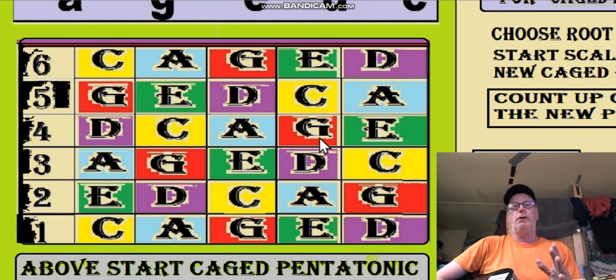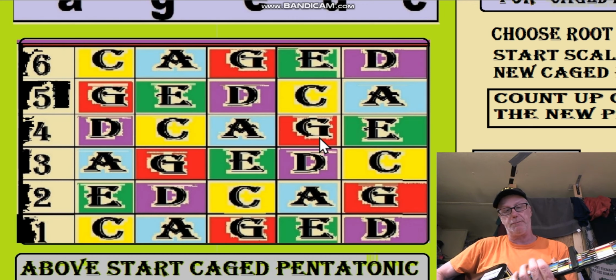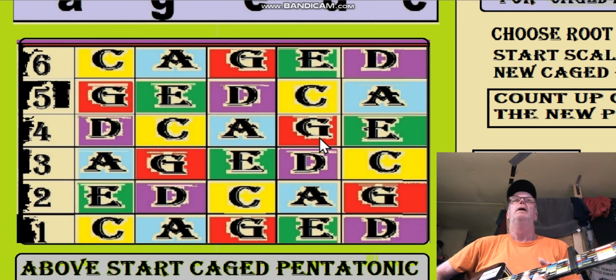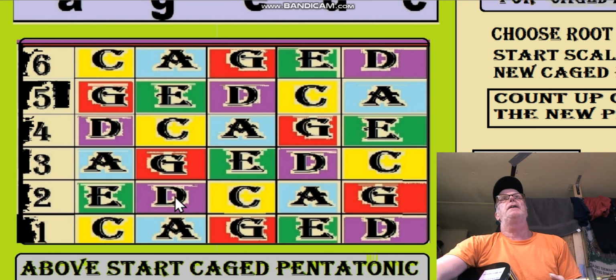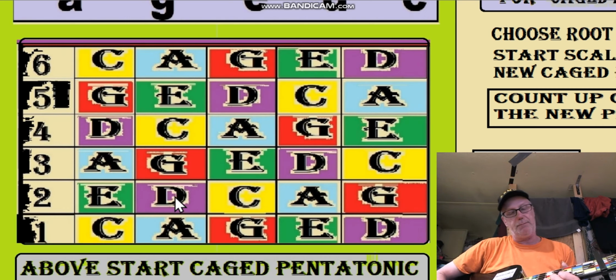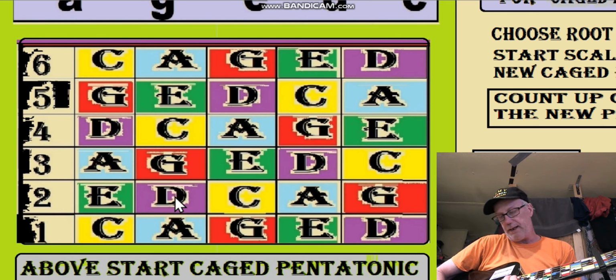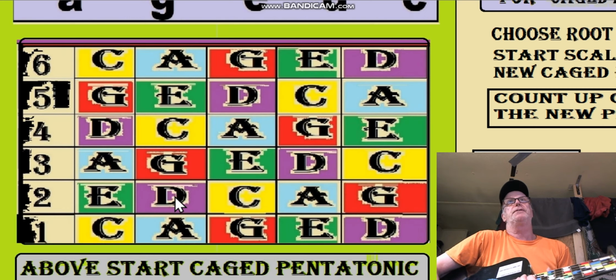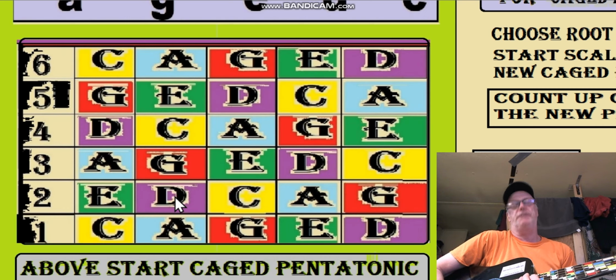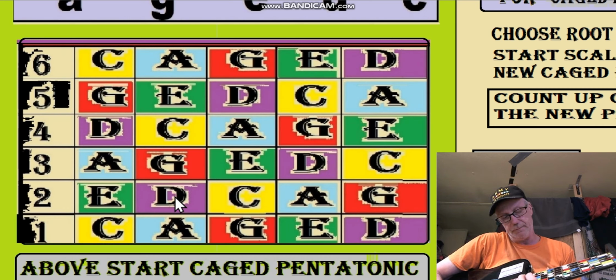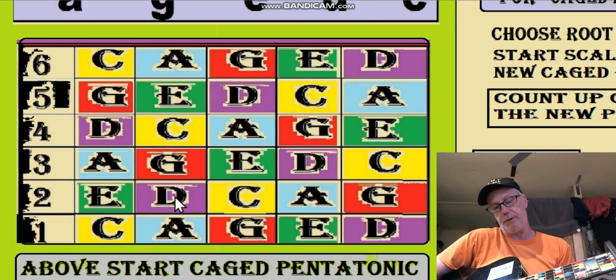when we do a pentatonic scale from one string, let's say from the bottom string, A shape, if we start that same note from the second string, it becomes a D shape because of the tuning warp there.